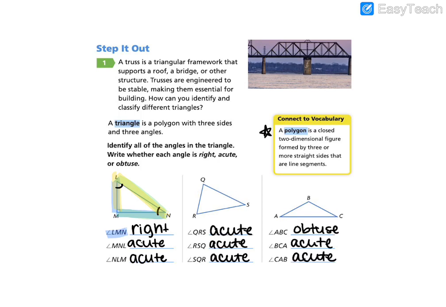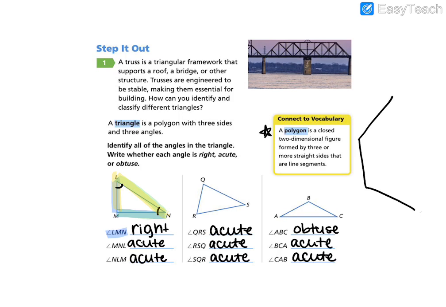All right, so triangle QRS had all acute angles, and triangle ABC had 1 obtuse angle and 2 acute angles. So I want you to notice, what are the majority of the angles in a triangle? The majority of the angles are acute angles, aren't they? Well, I want you to think about why. Could you have a triangle with more than 1 obtuse angle?